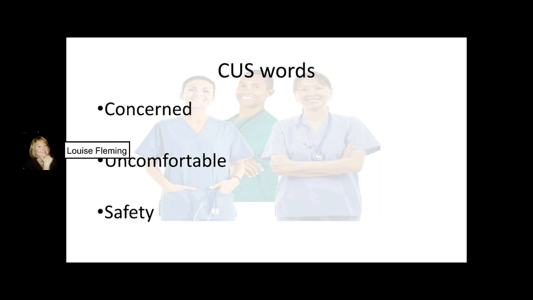Now we're going to talk about another method of feedback, and that is using your cuss words. Cuss words are used to clearly communicate a rising level of concern for any issue. When you say the phrase, I'm concerned about, the word concerned is being used to get your students' attention and to ensure that they are actively listening to the concern.